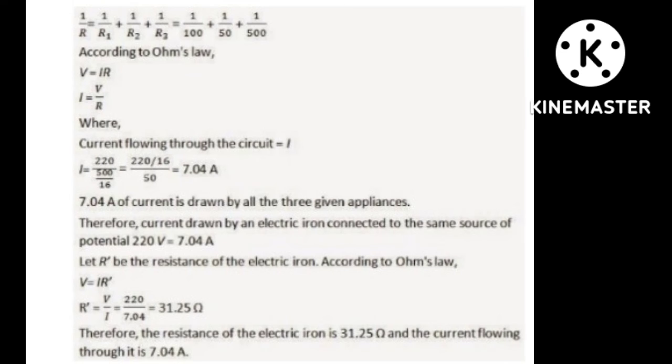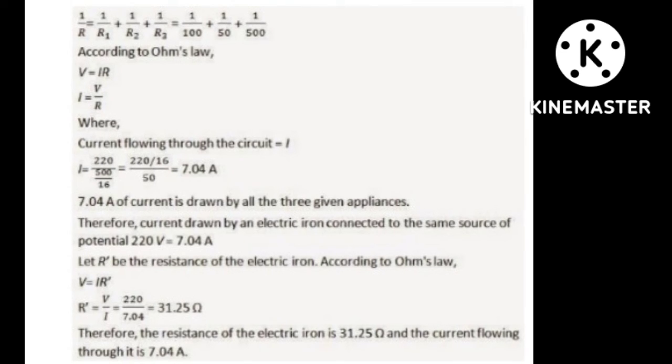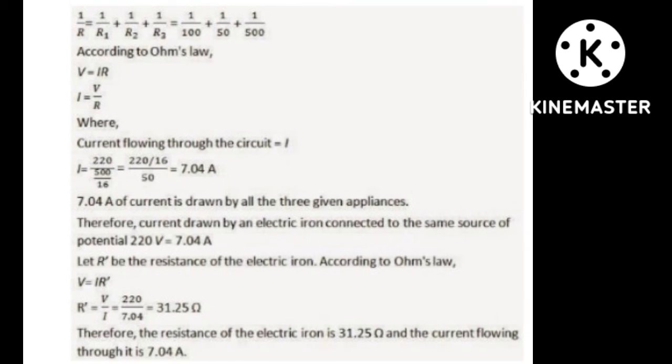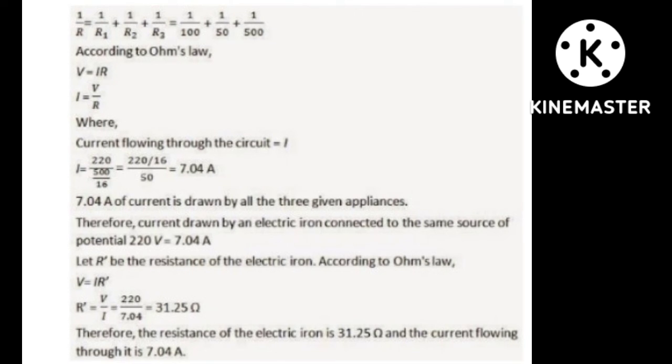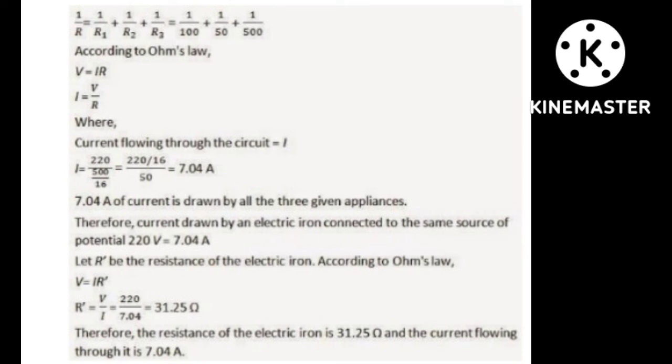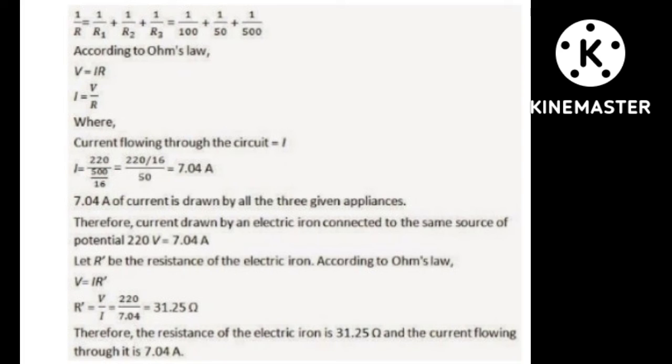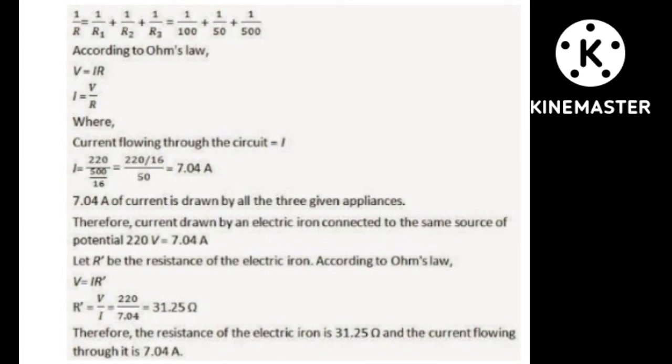Now according to Ohm's law, we have V is equal to IR. Now we are getting the value of R as 500 by 16. Then from Ohm's law, we will get I equal to V by R. Then substituting the value of V and R, we will get I equal to 220, the potential difference, divided by 500 by 16.